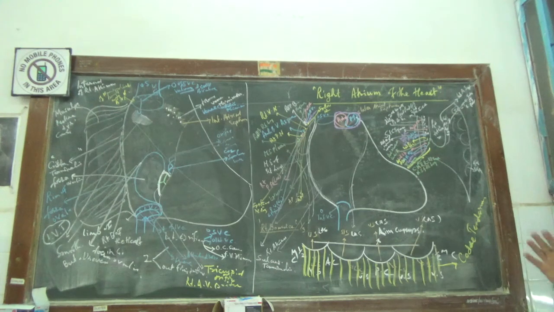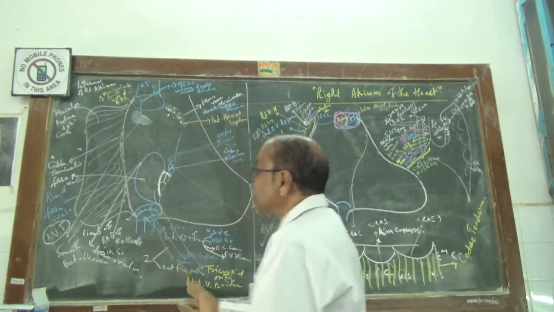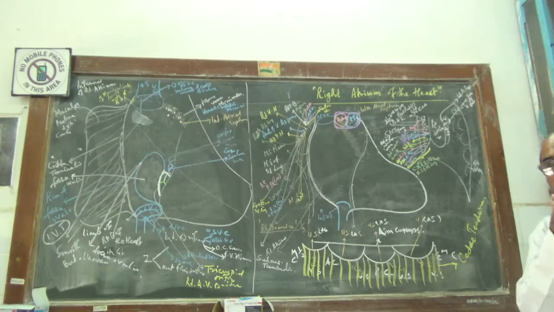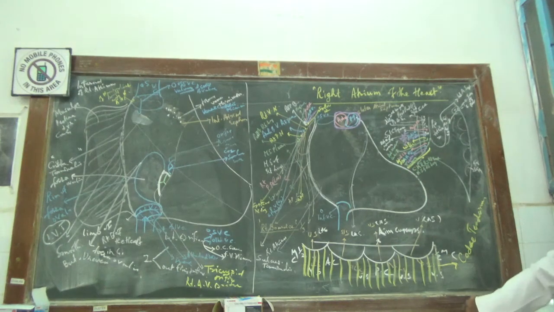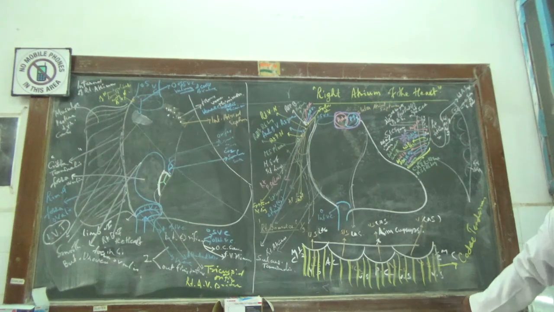Now, after having the internal features of the right atrium, this is how, when the pressure gradient becomes more in the right atrium, because there will be an atrial diastole, room becomes more, so the deoxygenated blood becomes accommodating. At the same time, there will be a ventricular contraction.